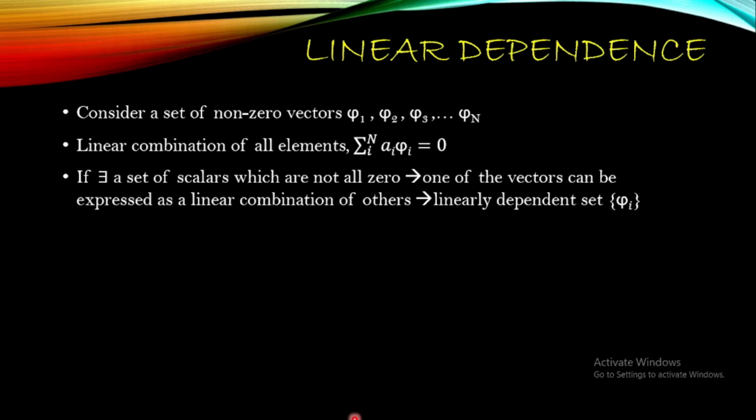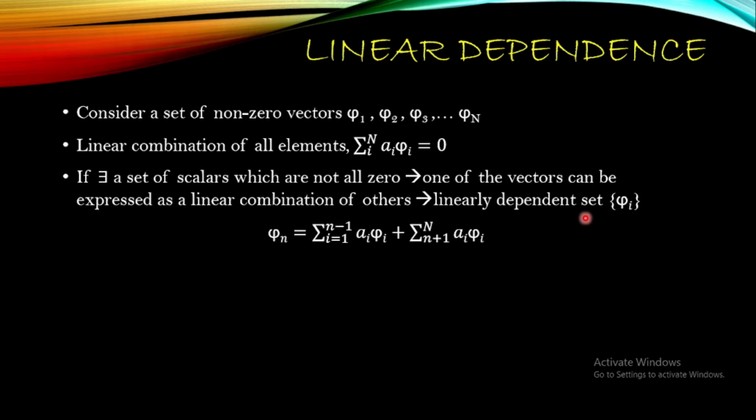That is, if there exists a set of scalars which are not all equal to 0, so that one of the vectors, let us say phi n, can be expressed as a linear combination of the others, then such a set phi_i is said to be a linearly dependent set.